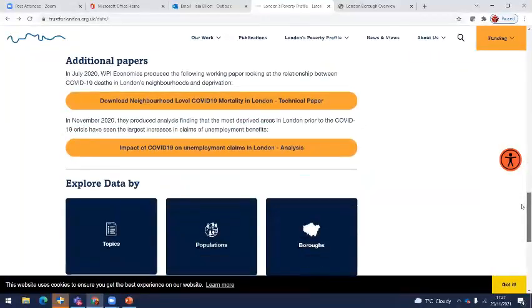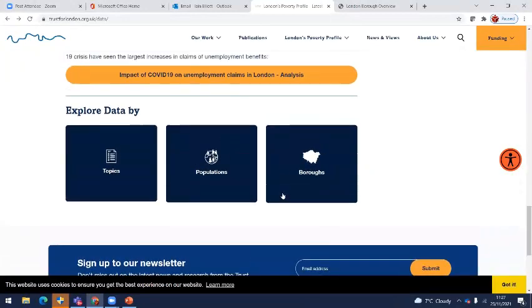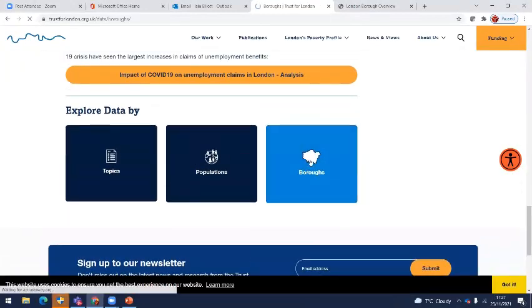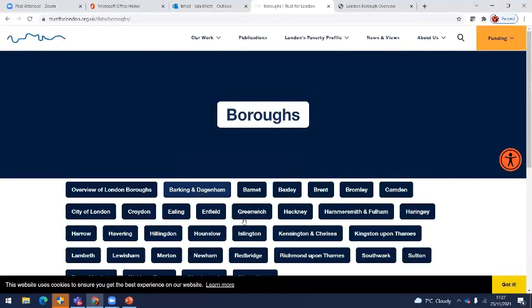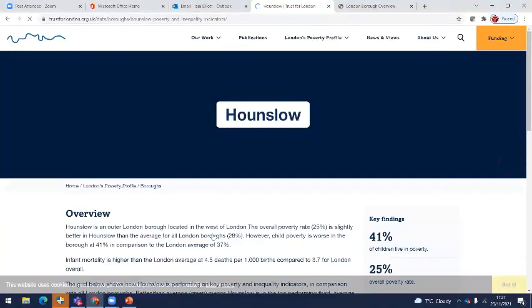There's also a video you can watch there in terms of getting some information. And if you go down to boroughs, you can look, for example, at information about Hounslow.